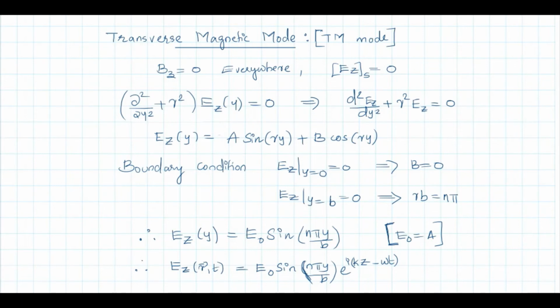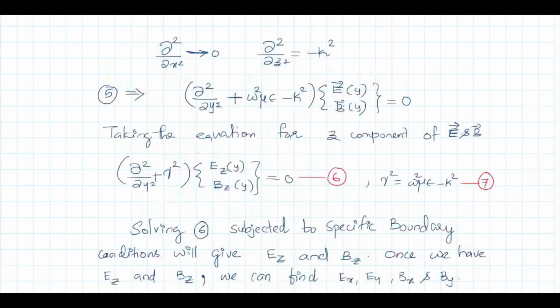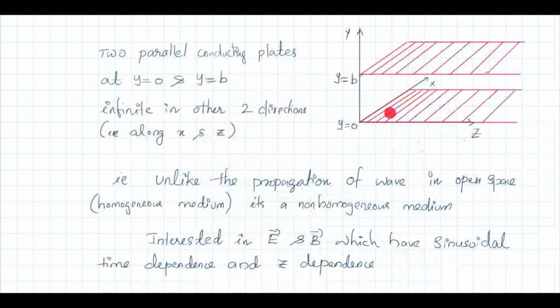The solution is Ez of y equal to a sin gamma y plus b cos gamma y. This has to satisfy the boundary condition Ez at the surface 0. What are the surfaces? We are considering two conducting plates, one at y equal to 0, the other at y equal to b.